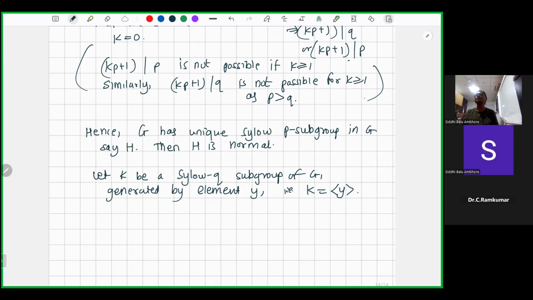I just need the existence of this Sylow Q subgroup. That's it. So it exists from Sylow's first theorem.